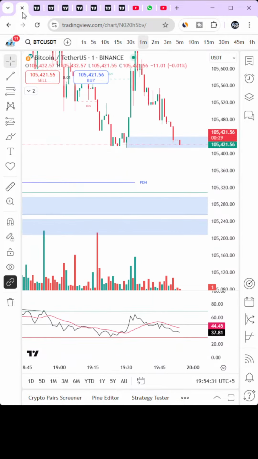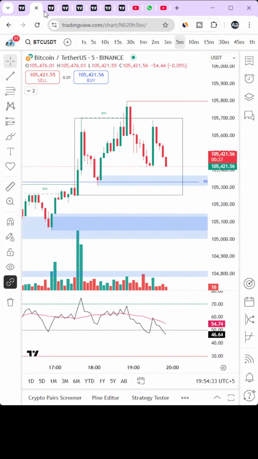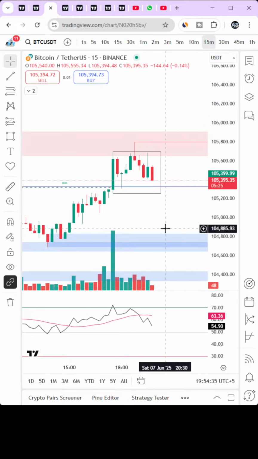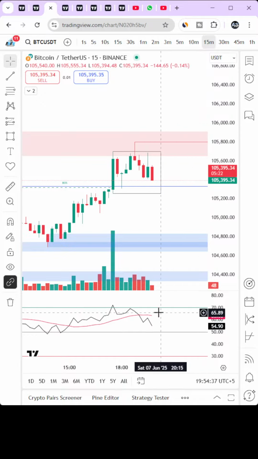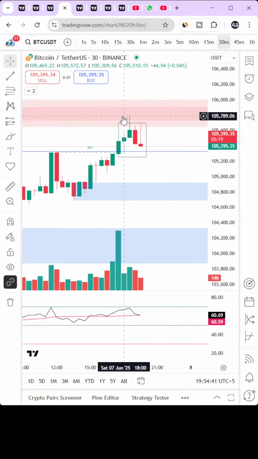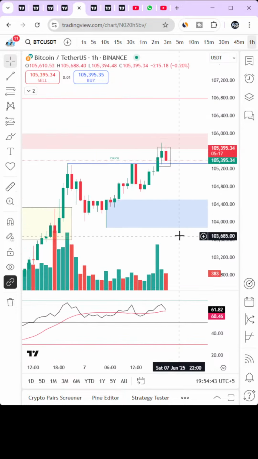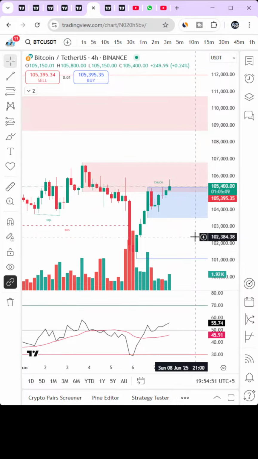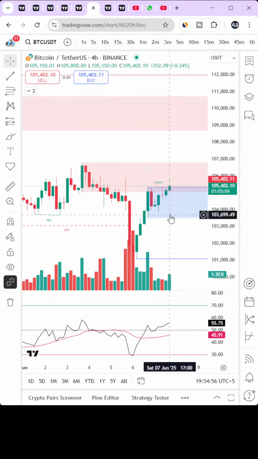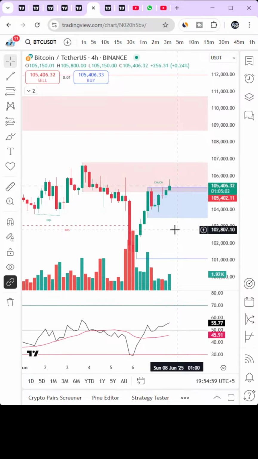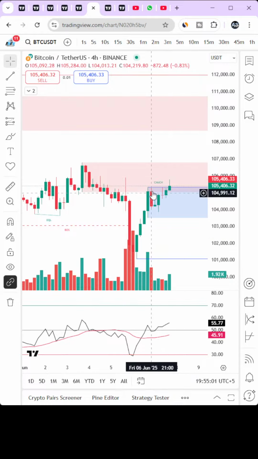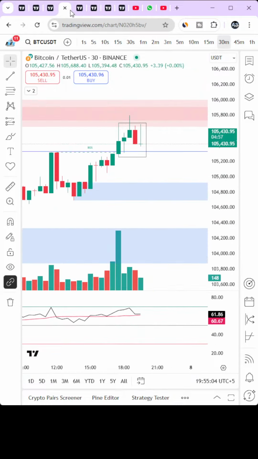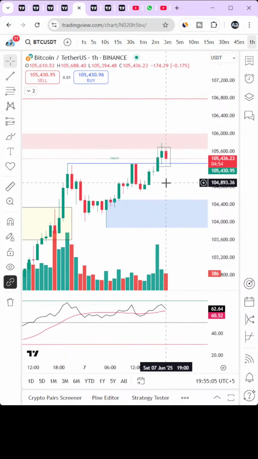According to the 15 minutes time frame, it is also bearish. 30 minutes is also bearish. 1 hour time frame is also bearish. 4 hour time frame is also becoming bearish, but there are 1 hour and 5 minutes remaining to the close of this 4 hour candle, and according to the 1 hour time frame, it has to come for some retracement.